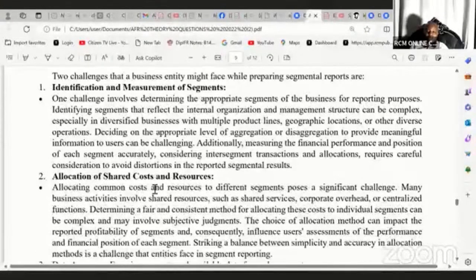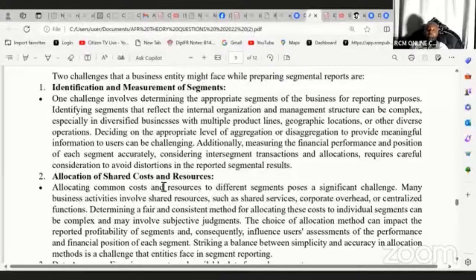We have number two, allocation of the shared costs and resources. You can't easily allocate these resources, like for example, resources belonging to the head office. Rent for the head office has been paid. The head office is supporting these segments here, right?